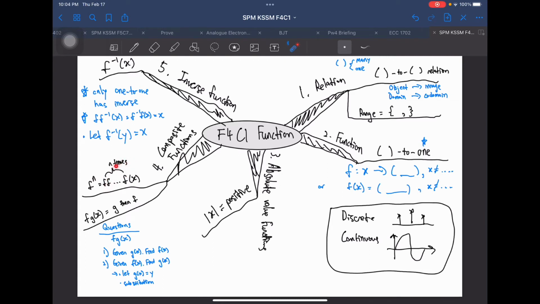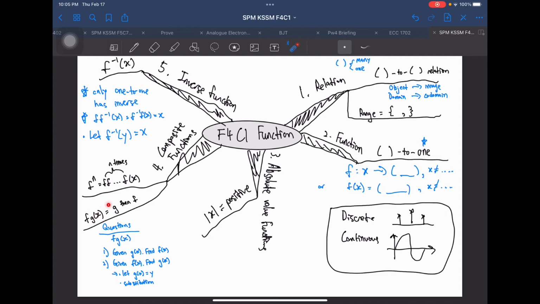So the symbol is like this, and then if there are two different functions, f and g, and it is written in this form, fg(x), meaning that you map using g(x) first, then use the f function to map the whole g(x), g then f, if it's written as this.